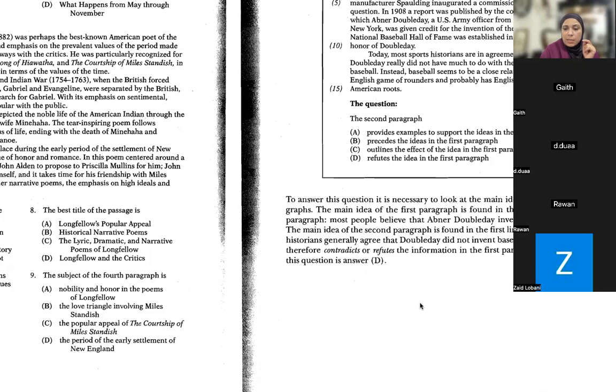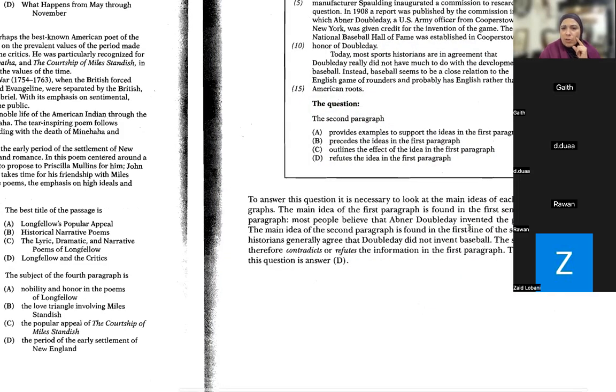See, let's see what it says here. To answer this question, it is necessary to look at the main ideas of each of the two paragraphs. The main idea of the first paragraph is found in the first sentence of the first paragraph. Most people believe that Abner Doubleday invented the game of baseball. The main idea of the second paragraph is found in the first line. شايفين how the first line of the second paragraph?